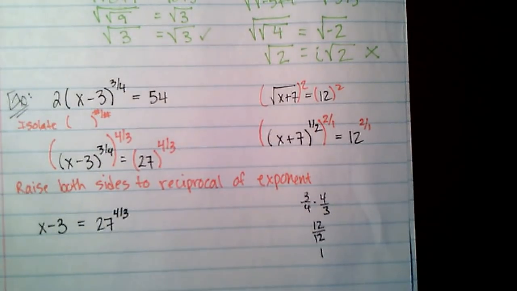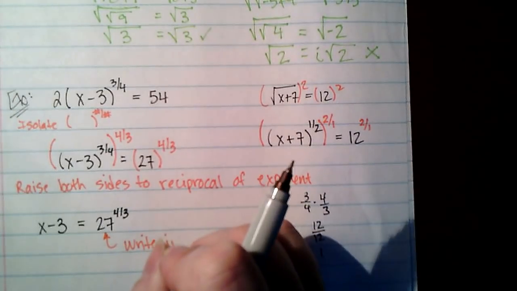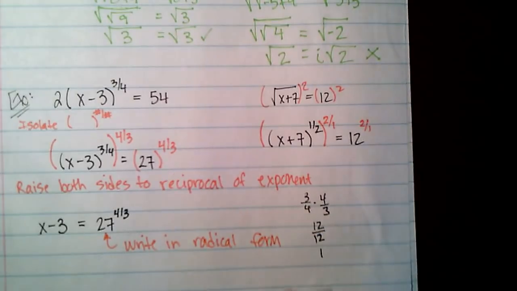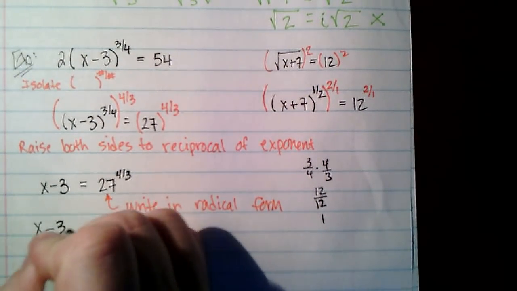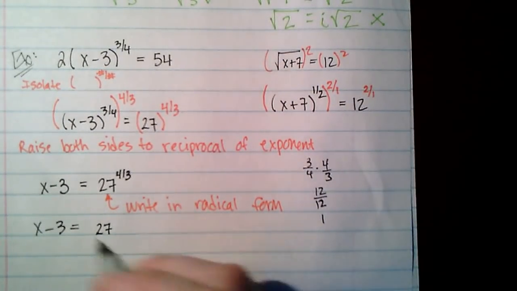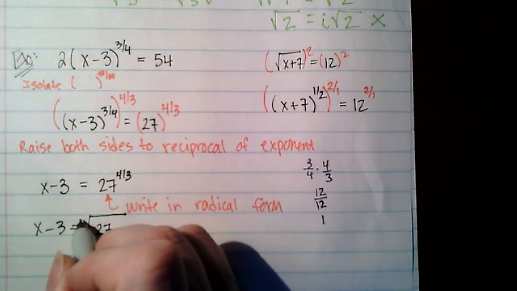So what I'm going to do next is write this in radical form. So writing that in radical form, I'll keep x minus 3 over here. The 27, which is the base, becomes the radicand. The index is the denominator of the exponent, so that's a 3.